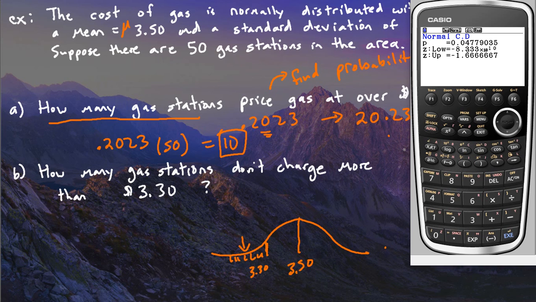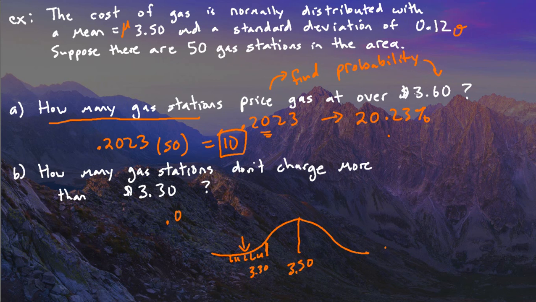All right. So we got 0.04779. Okay, so that's a 4.779% chance that if I pull into a gas station without looking at the prices, that I pull into one that's charging $3.30 or less. But the question is, how many of them are there?